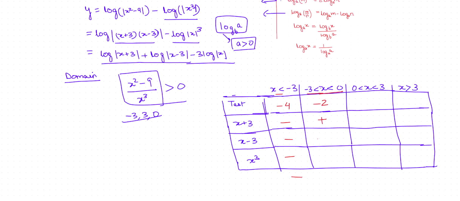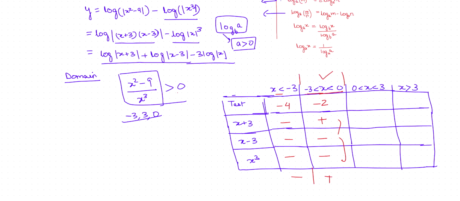If we put negative 2, it would be negative 5. And negative 2 cubed will also be negative. So if we multiply all these three, it would be positive. So it would be greater than 0 between negative 3 and 0.